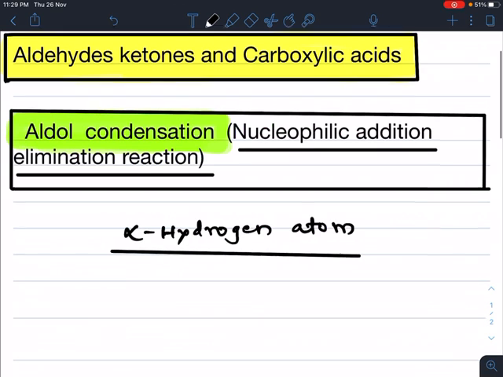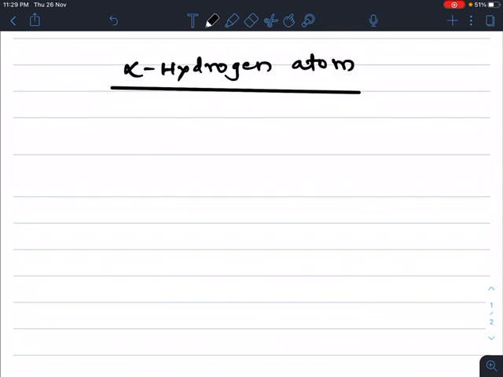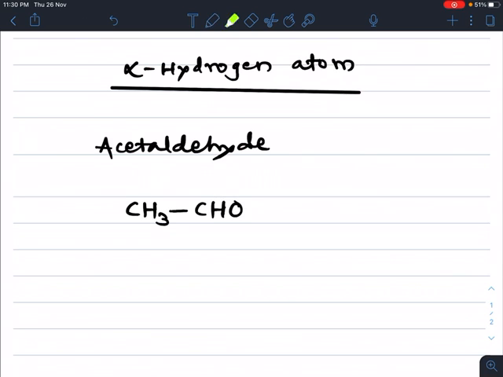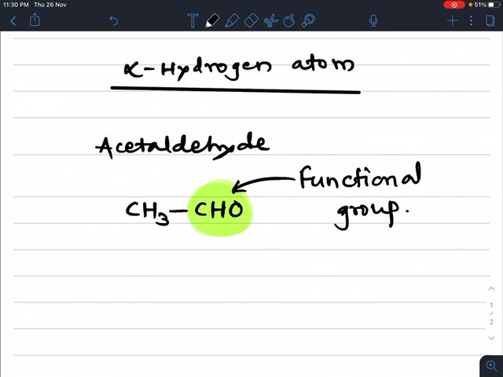So what is meant by alpha hydrogen atom? Let's see. If we take the example of acetaldehyde, the formula of acetaldehyde is CH3CHO. In acetaldehyde, CHO is the functional group, and the carbon atom directly attached to the functional group, CH3, is nothing but the alpha carbon.